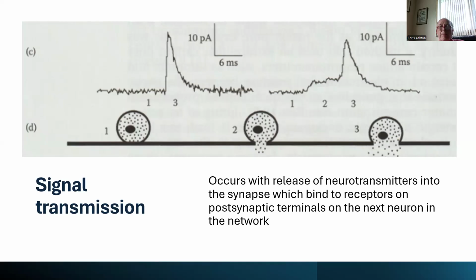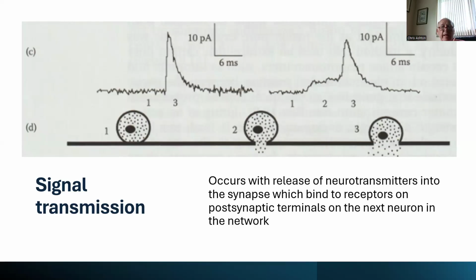And so fascinating how this really comes together. You can see on this diagram at D, there are the three stages of signal transmission.